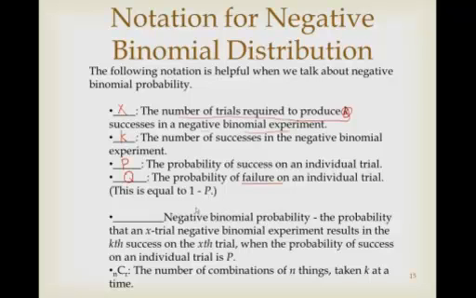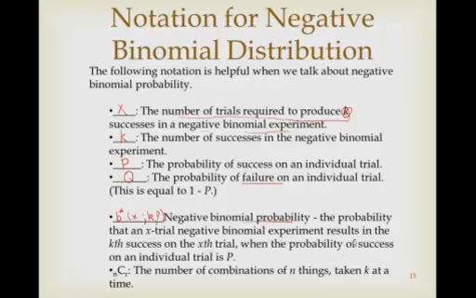And then we can say that the negative binomial can be written as b asterisk with x and k with a given probability. So it's x trials, k successes with a given probability.